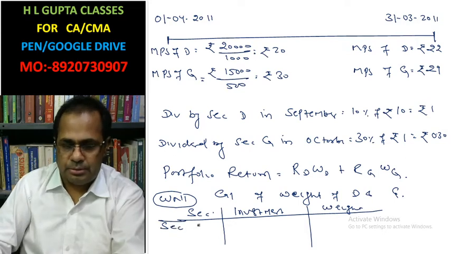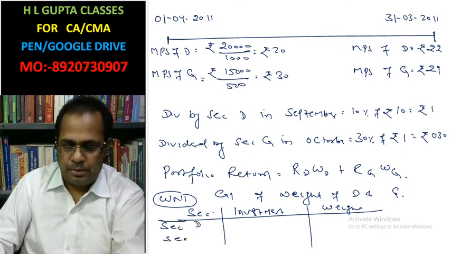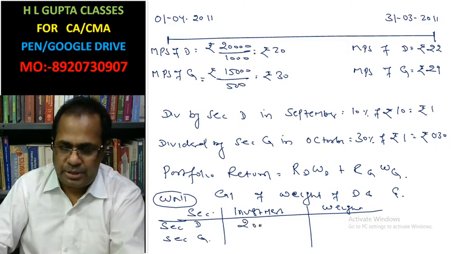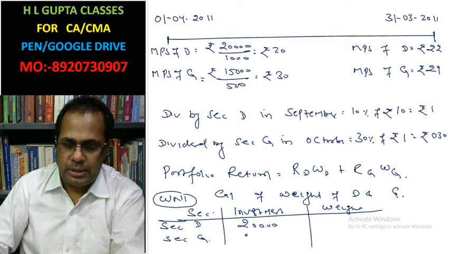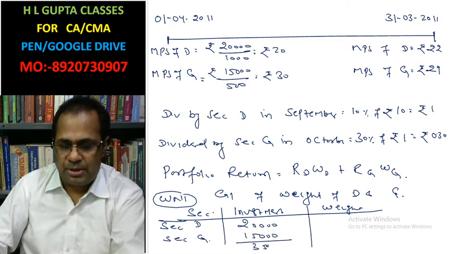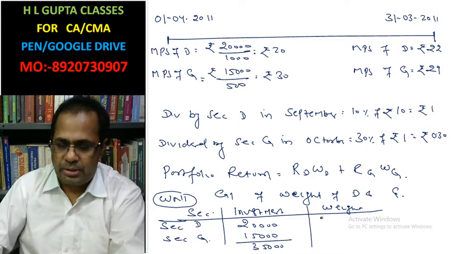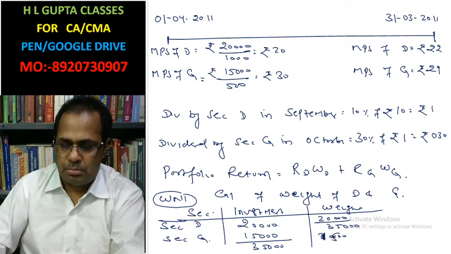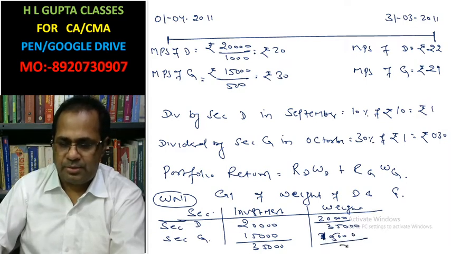Security D is 20,000 and security G is 15,000, total 35,000. The weight is 20,000 divided by 35,000 and 15,000 divided by 35,000.